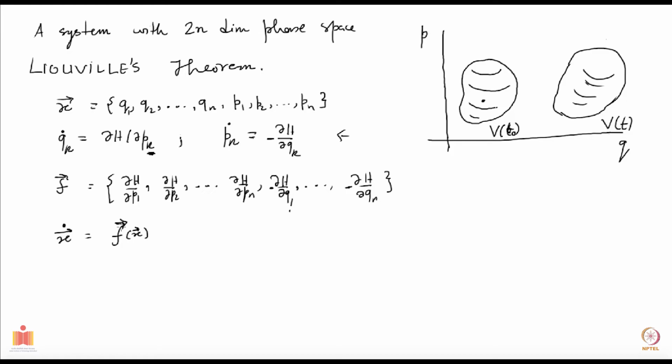So these are our 2n first order differential equations in time. Then I can write x at time t0 plus dt. I'm starting with time t0 and I look at what happens after a small interval of time dt, and you can write this as x of t0 plus f of x at t0 times that small time interval dt, and then you will have all the higher order corrections.